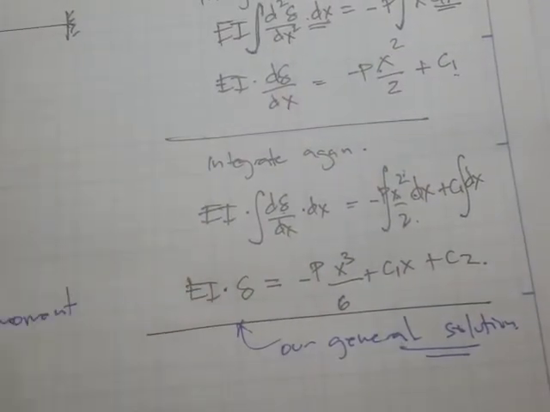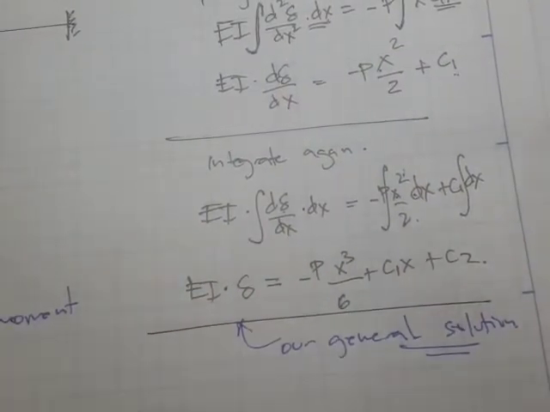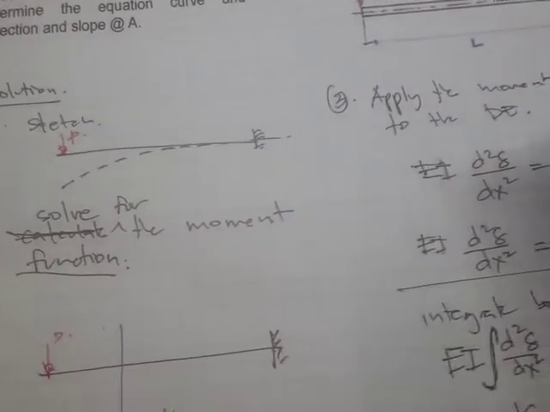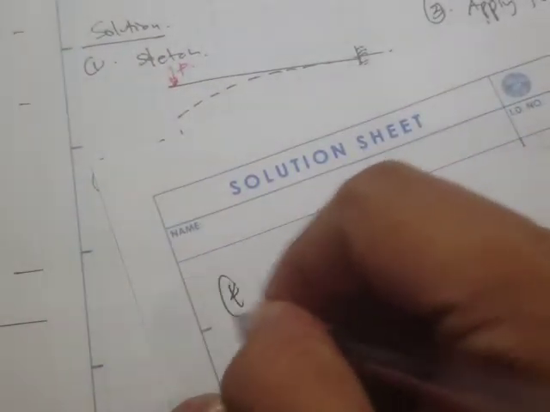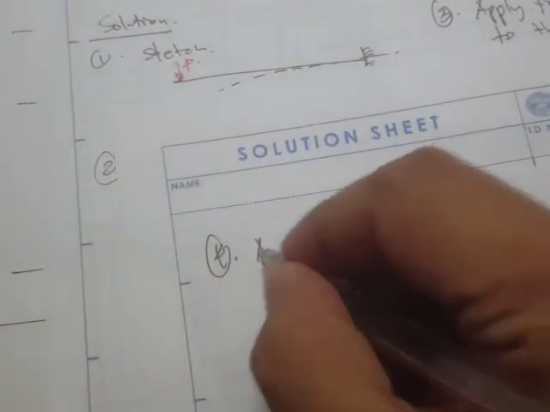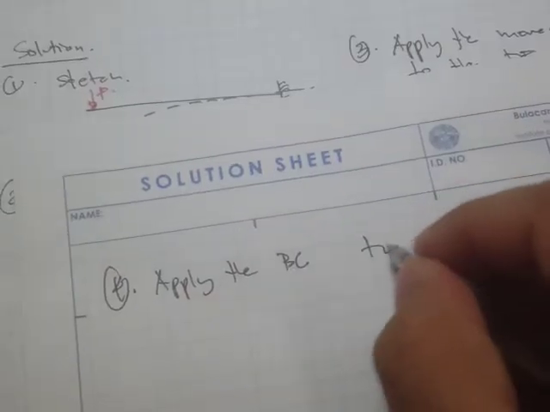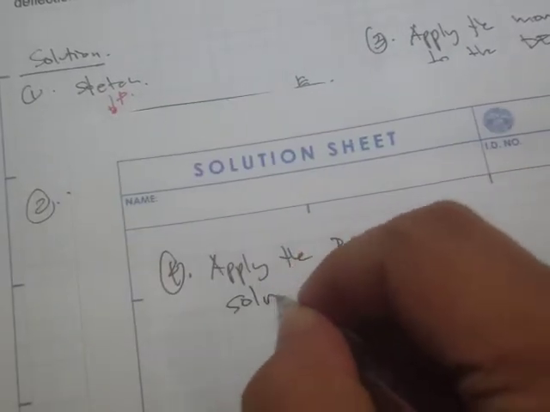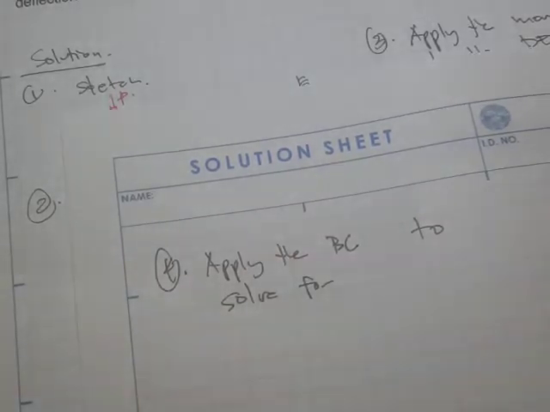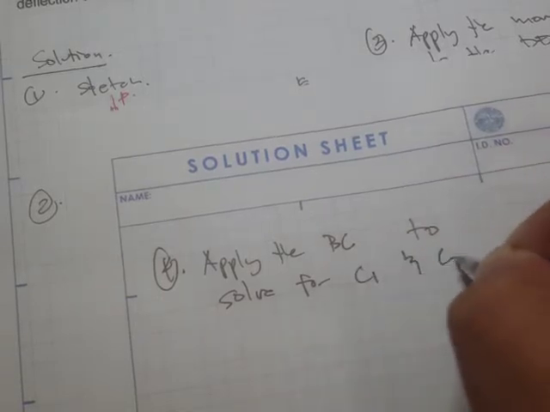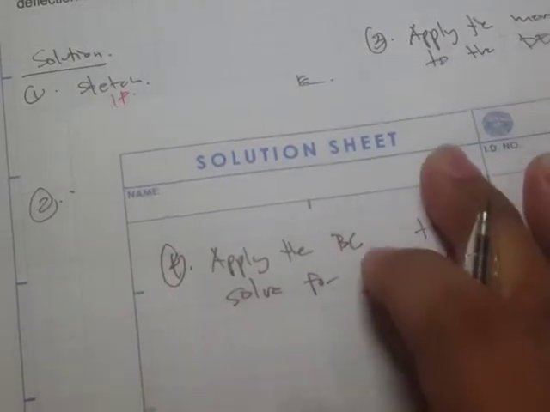In order to obtain the particular solution, we need to apply the boundary conditions. Step 4 is apply the boundary conditions to solve for C1 and C2, the arbitrary constants.